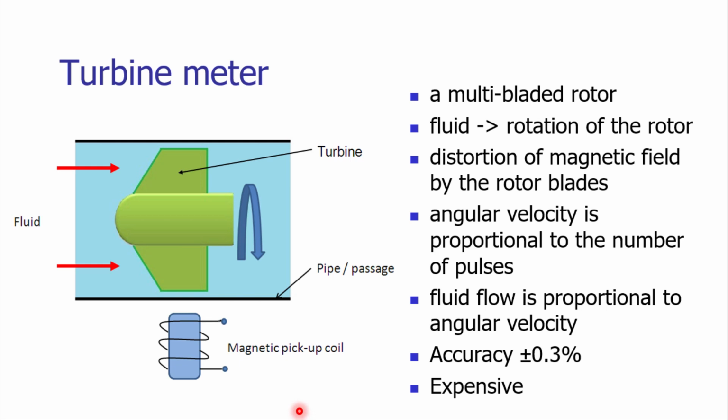And the angular velocity of the turbine is proportional to the fluid flow rate. The turbine meter accuracy is better than the orifice plate. However, the cost associated with the turbine meter is high.